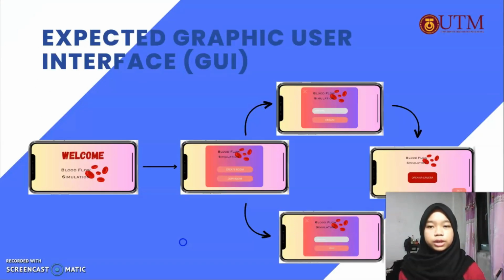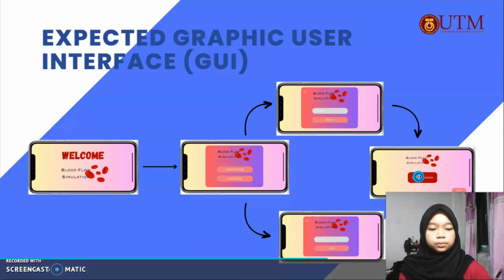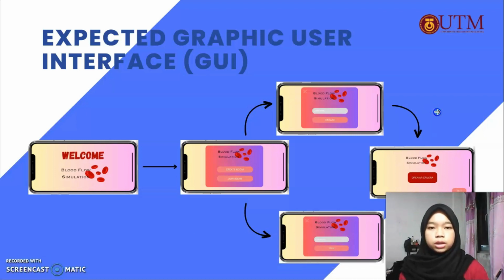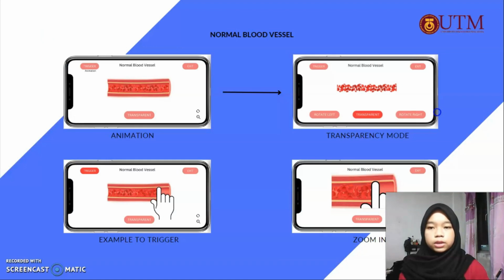Next is the GUI. So this is the interface before scanning the AR marker, and after the user clicks the open AR camera, they will be required to scan the AR marker and it will display the normal blood vessel.